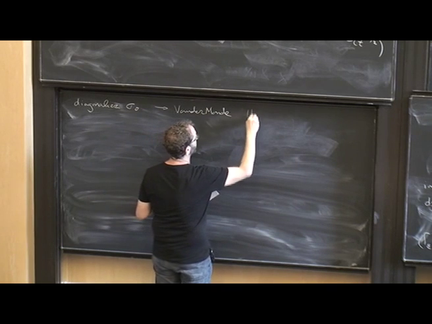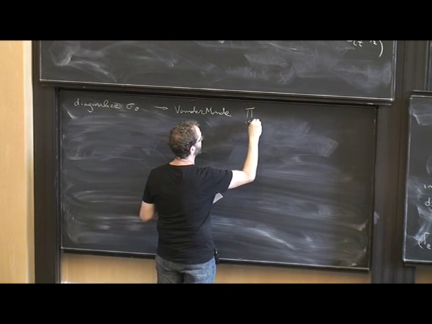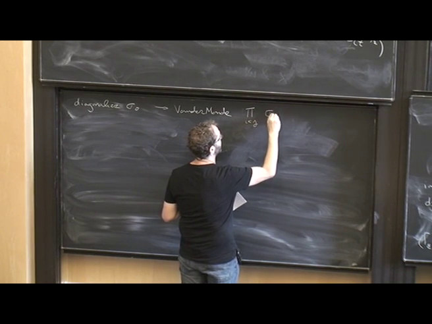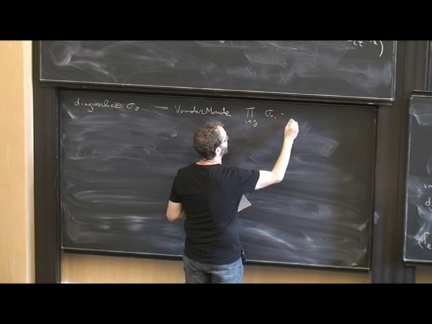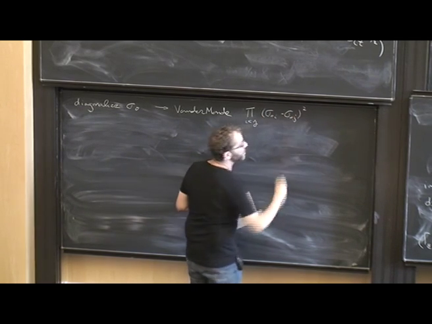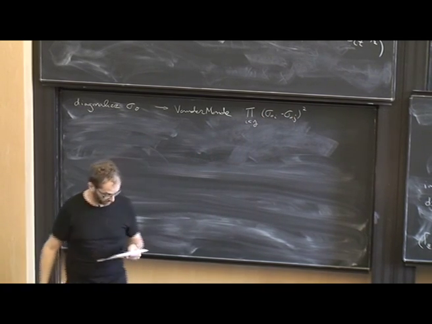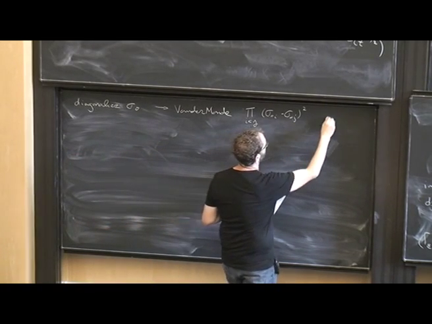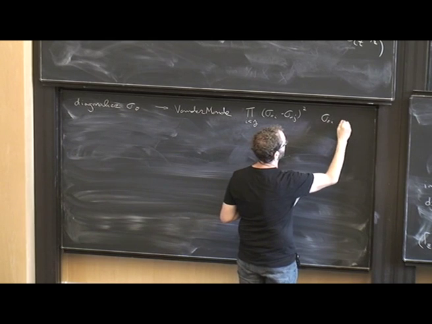So you can write it as a product over i, j of (sigma naught i minus sigma naught j) squared, where sigma naught 1 up to sigma naught n are the eigenvalues.